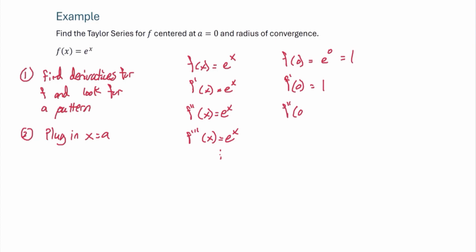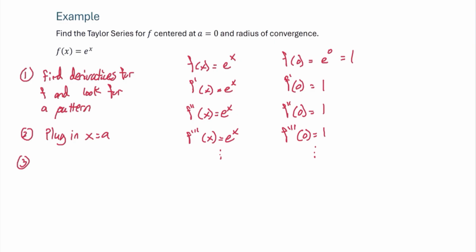Second derivative at 0 is 1. Third derivative at 0 is again 1. And again, that's going to continue forever. It's not always going to be this simple. Typically, we'll need to look for a pattern, and typically it'll somehow involve n.